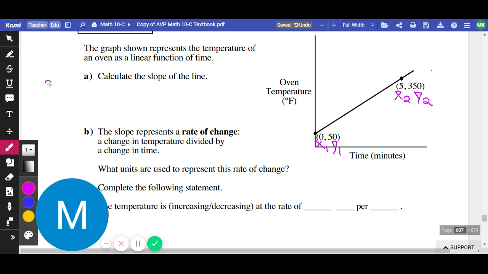That's 350 minus 50 divided by 5 minus 0. That's 300 divided by 5. It's 60.